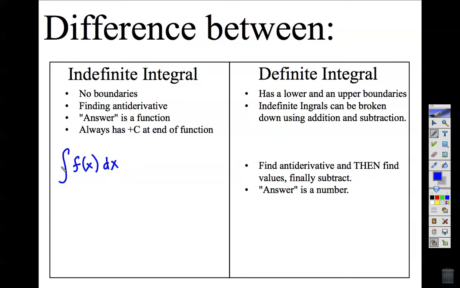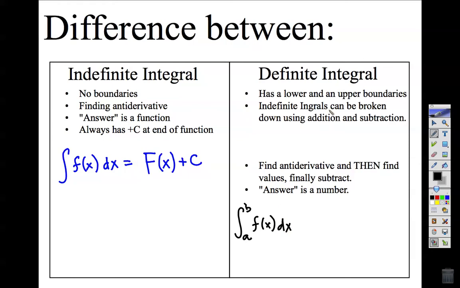Its answer is a function, so that is going to equal capital F of x, and it will always have a plus c at the end of the function, plus a constant. For the definite integral, it's going to have a lower and an upper boundary. So that means that this is the definite integral of the lower and upper boundary of a function.